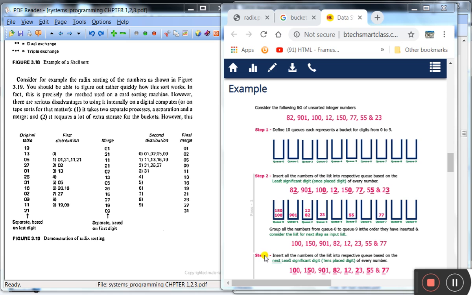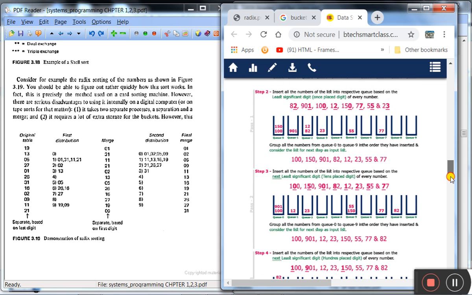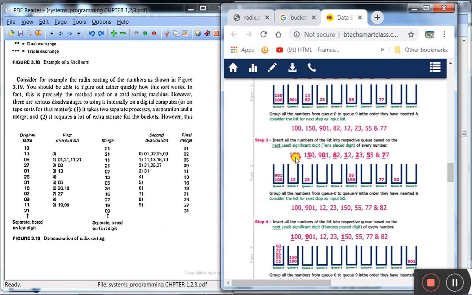In step 3 we take these merged elements and check the next least significant digit, and we distribute the elements with respect to their bucket numbers. After this we got these elements.